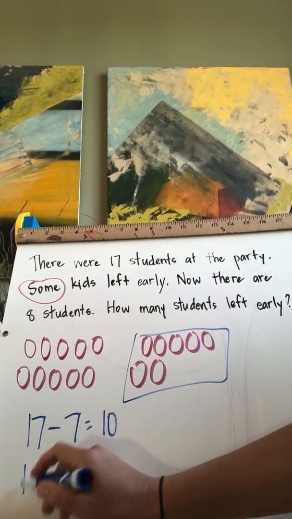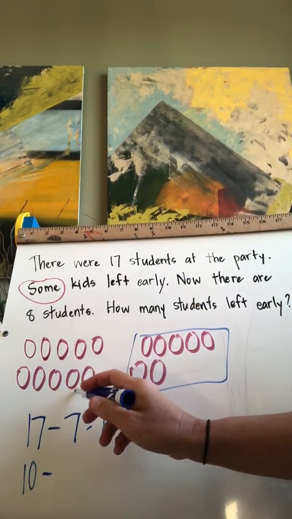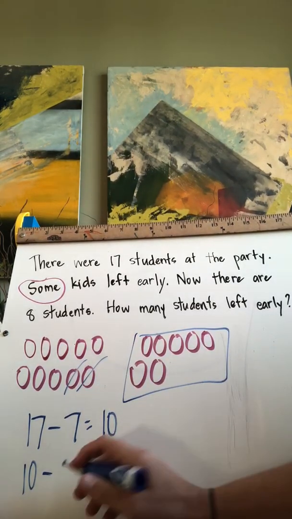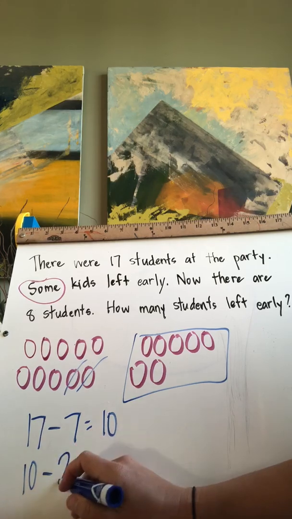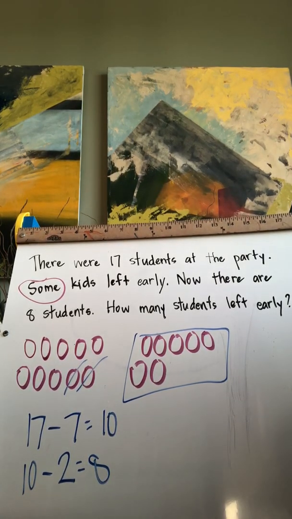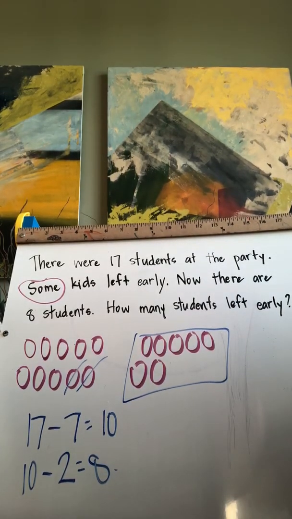So then I'm going to have my 10, and I've got to get 8. So I'm going to take away this one and this one. Now I see that it was 2 that I needed to take away, and that left me with 8. Well, you're still going to say, but Miss Metz, we already knew that 8 left.